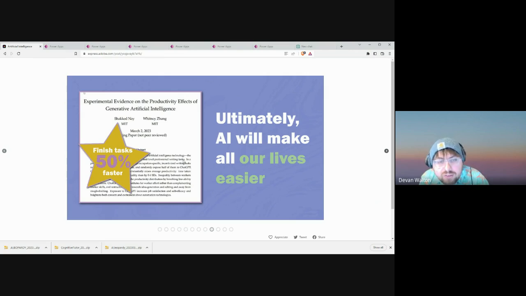They found that it boosts their productivity by like 50%, so they perform tasks a lot faster. And they're able to get to more creative tasks like I was talking about before, and really focus in on whatever the important objectives are for their work.